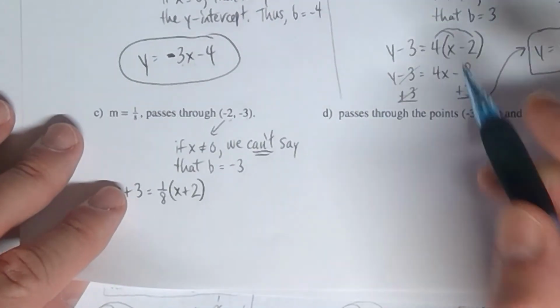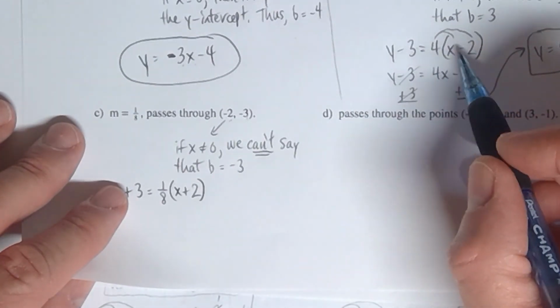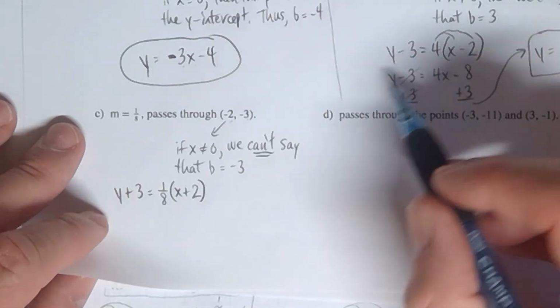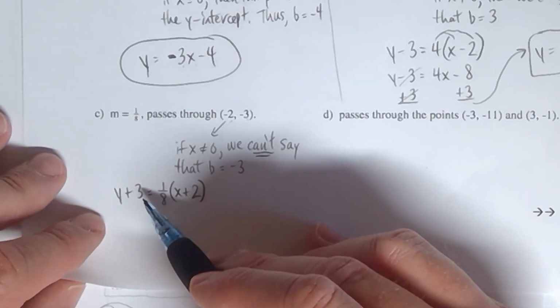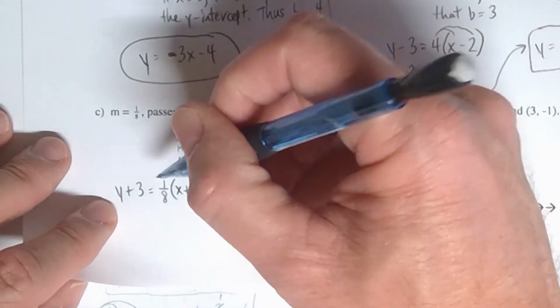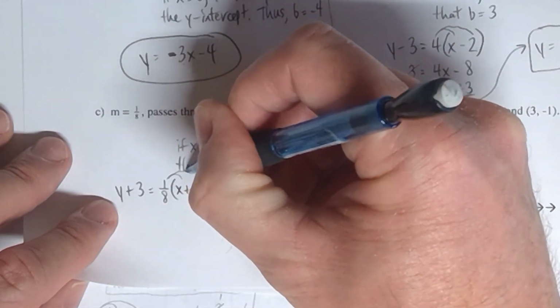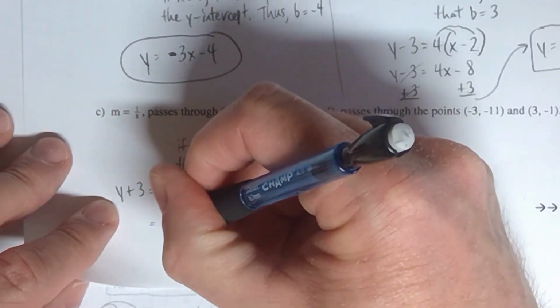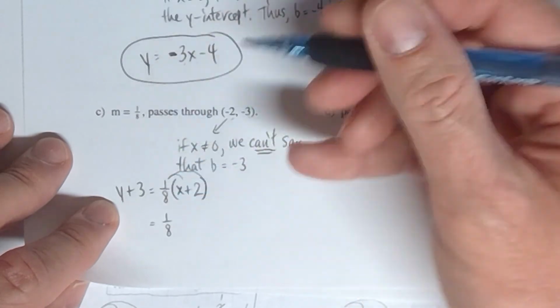The two steps that we did were what? We distribute to clear out the parentheses, and then we move over the 3 right here, just like we moved over the -3 right there. So let's distribute the 1/8. 1/8 times x. Since 1/8 is a constant fraction, there's no variable in it.